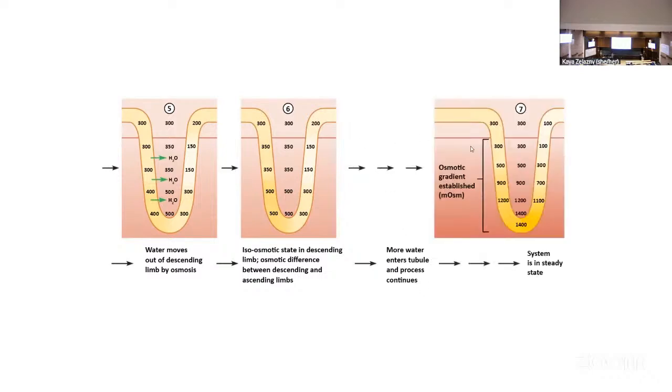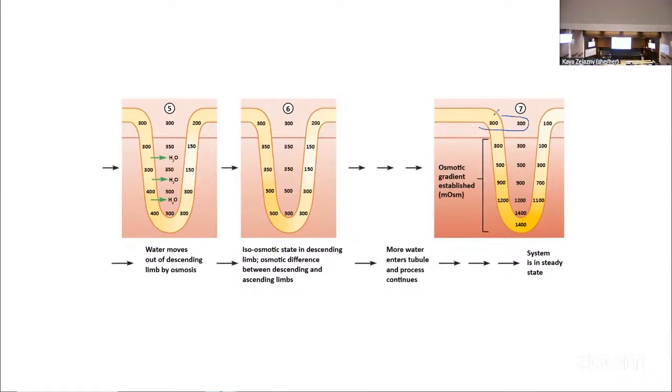As this happens over and over again, eventually your body ends up settling on this steady state system where we have cortex and proximal tubule filtrate at 300, a gradient of increasing osmolarity as we go deeper to the medulla with really big numbers when we get to the bottom.